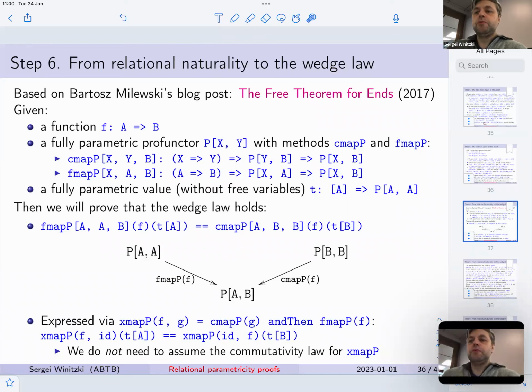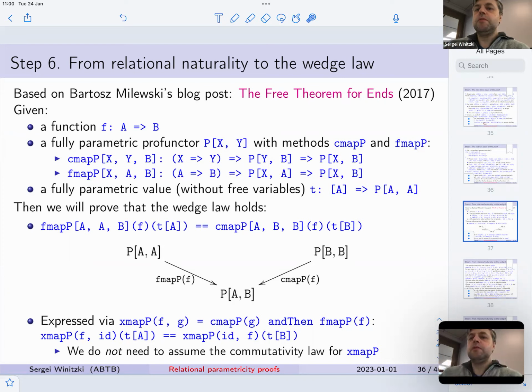So what we are going to prove is that for any function f from a to b, and for any fully parametric profunctor, which is a type constructor, contravariant in x and covariant in y. So this profunctor has methods cmap or contramap of this type signature and fmap with this type signature.